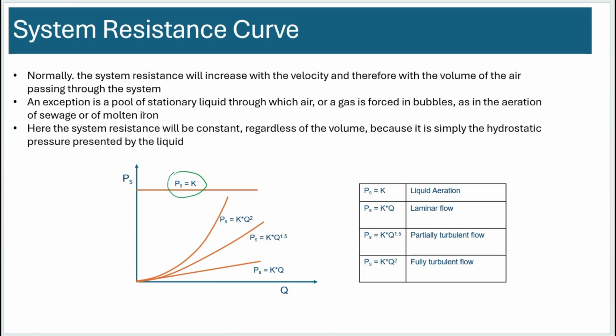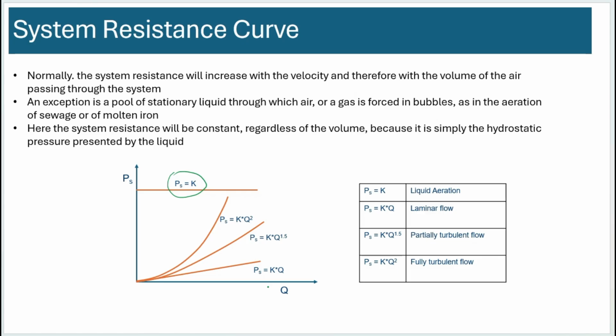For example, aeration of sewage or molten iron, some specialty applications like that, where the pressure drop is always based on the weight of the liquid. So that doesn't change. In all other cases, the pressure drop basically increases as the flow rate increases.